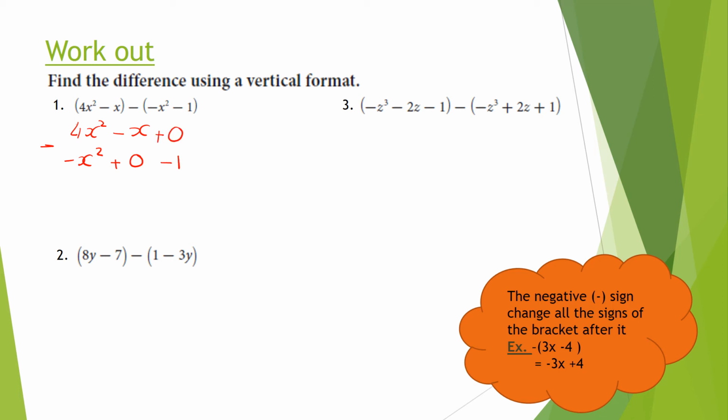Okay, then I'm going to change the signs. So I'm going to take another color, change this to positive, change this to positive, change this to negative, and change this to positive. Then add up.